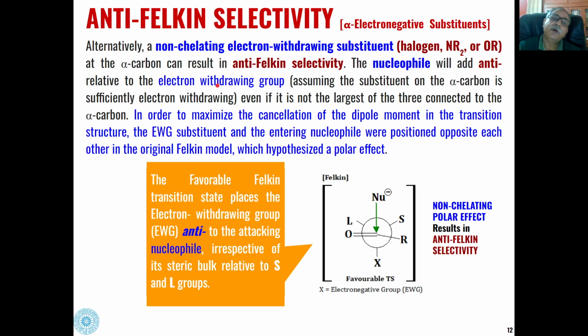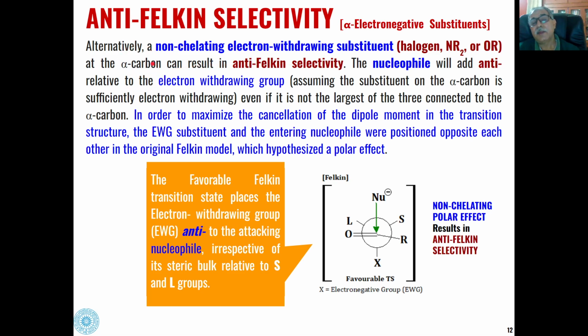Now, the formation of diastereoselective products with anti-Felkin selectivity. These types of products are generally formed in those substrates where we have a non-chelating electron withdrawing substituent present at the alpha carbon.